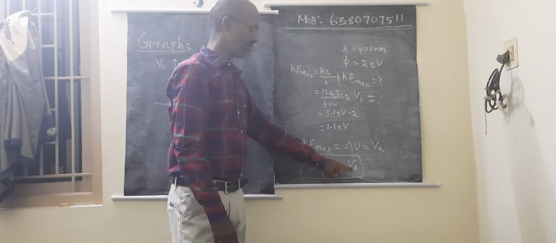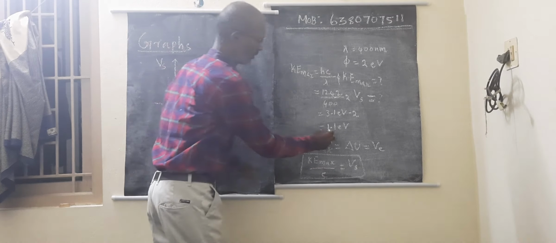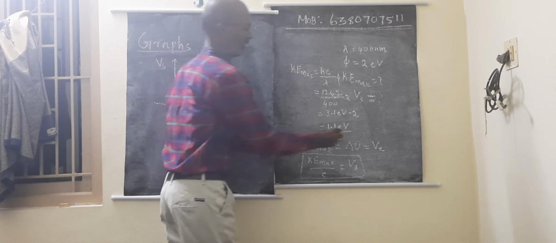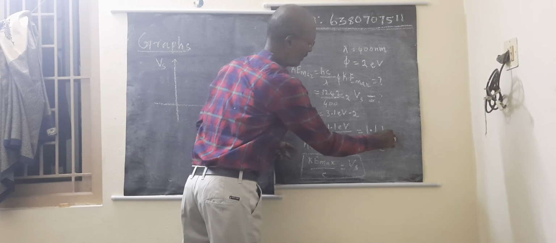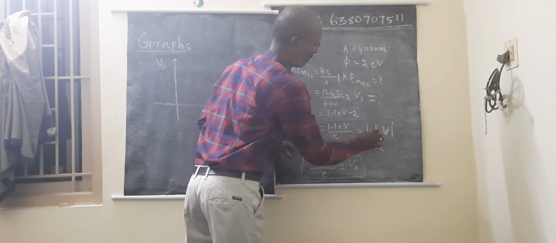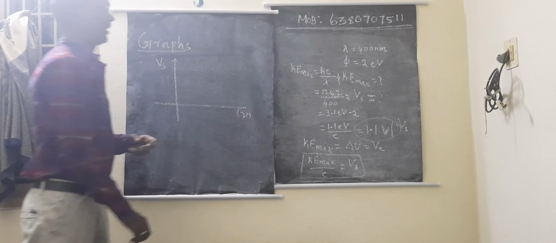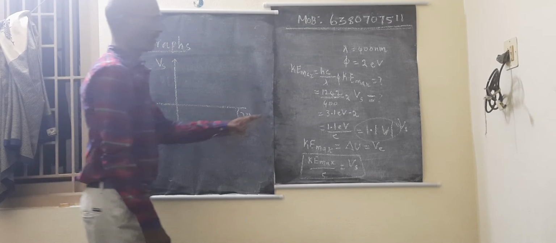That potential is called the stopping potential Vs. Here, if you divide by the electron charge, you will get 1.1 volt. That is the stopping potential. I hope you can understand this.